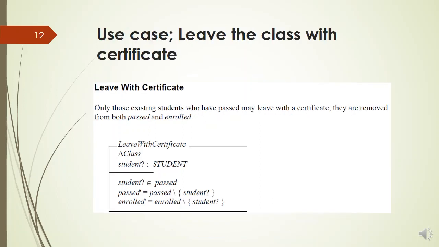We have another operation of leaving the class with certificate. Those students who have passed may leave with certificate, and the leaving operation would definitely remove that student from the set enrolled and the set passed.